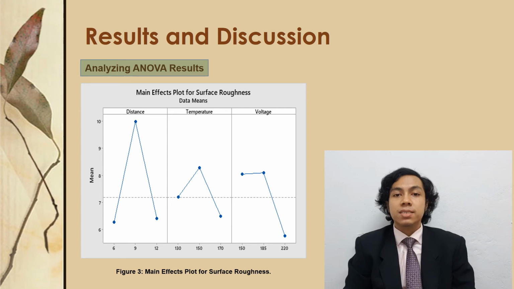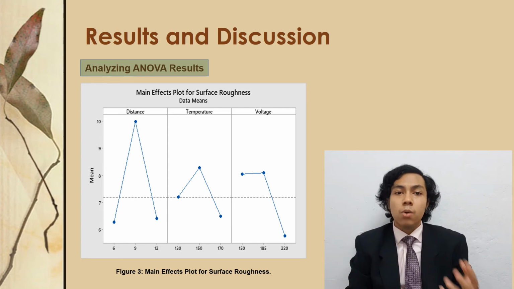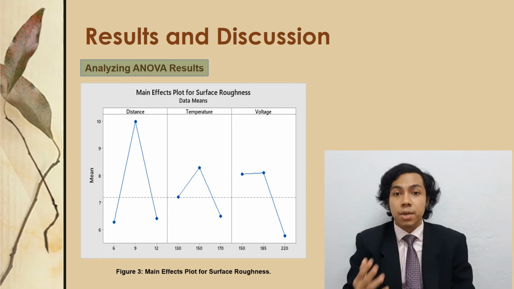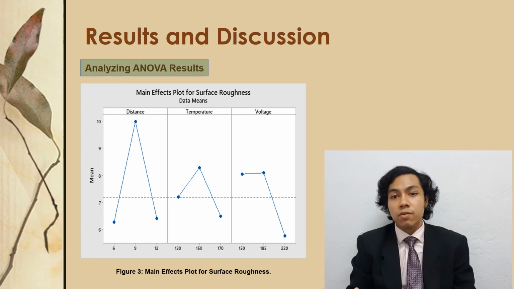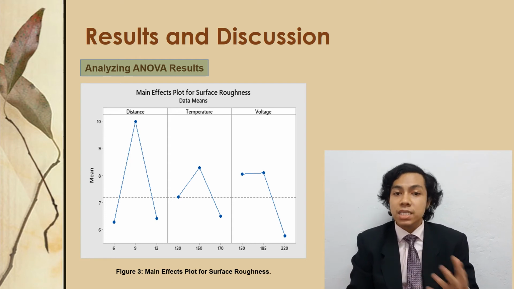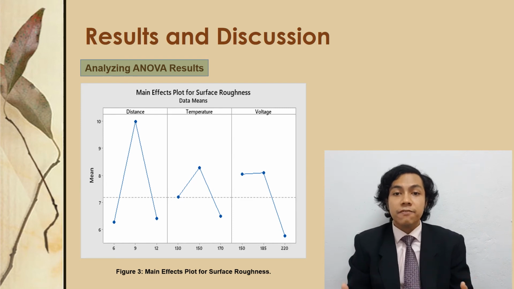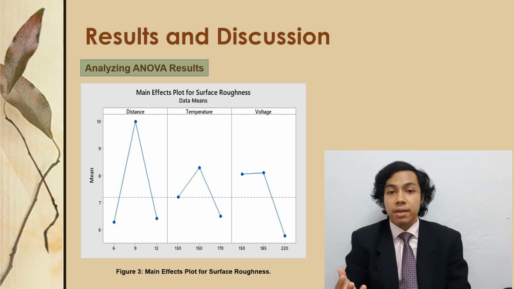When performing a statistical analysis, one of the simplest graphical tools at our disposal is a main effect plot. This plot is generated by using ANOVA in the Minitab software, and it shows the average outcome for each value of each variable, combining the effect of the other variables as if all the variables were independent.